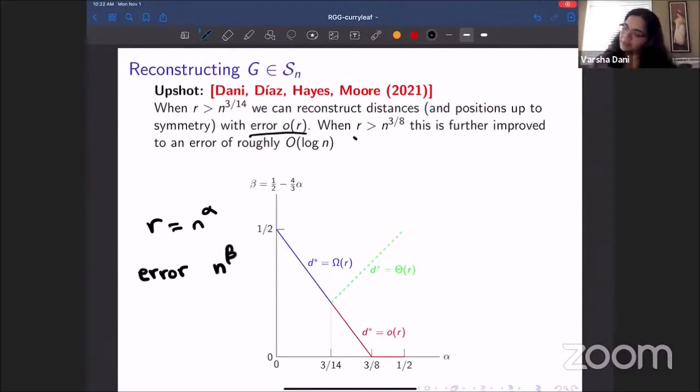And the previous results were in the range 0 to 3/14, everyone just gets large error, but the previous results were getting this error of approximately R because of that last step. And what we're able to do is get a decreasing error in this whole range and a very small error in this range.